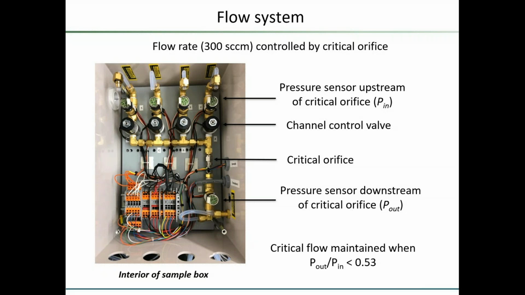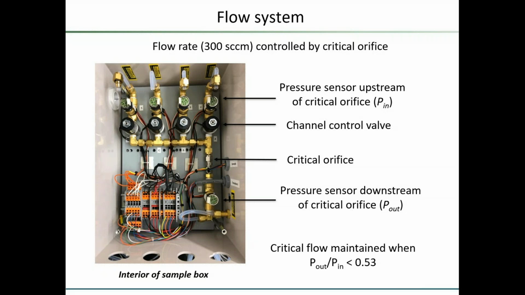One of the key aspects of this system is that we control the flow rate, which is very low, again, designed for time integrations of a week or more. Flow rate is about 300 cc's per minute, and we control the flow using a critical orifice type system. This is much cheaper than putting a $3,000 mass flow controller into each box.